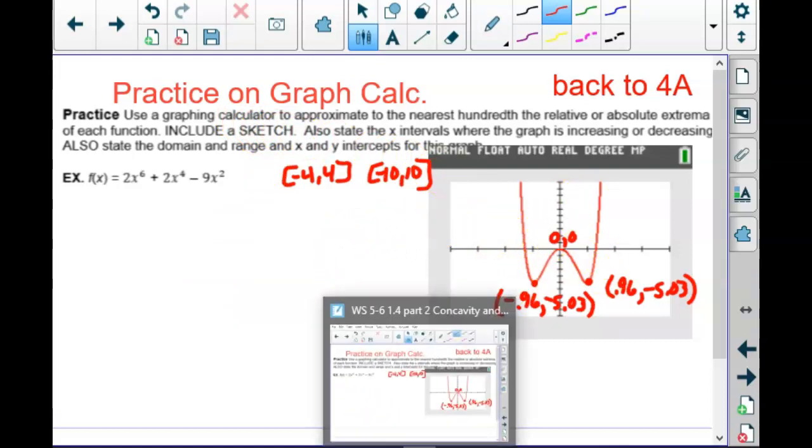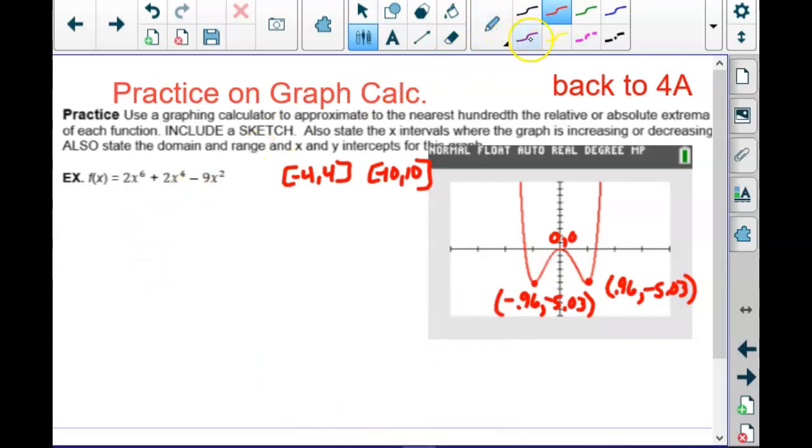Now, let's do increasing and decreasing for practice. What is it doing first? Decreasing from the left until -0.96. And is it decreasing anywhere else?